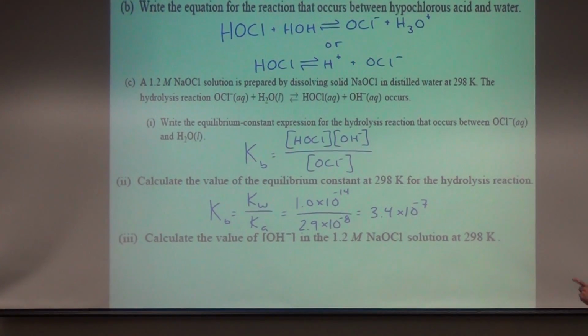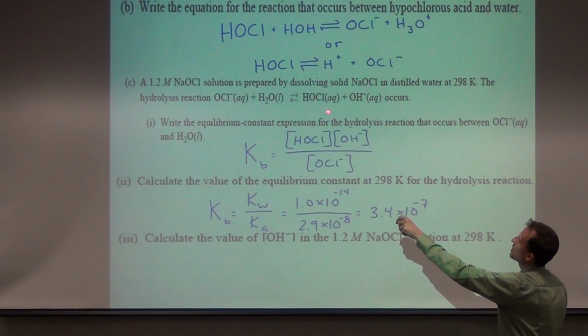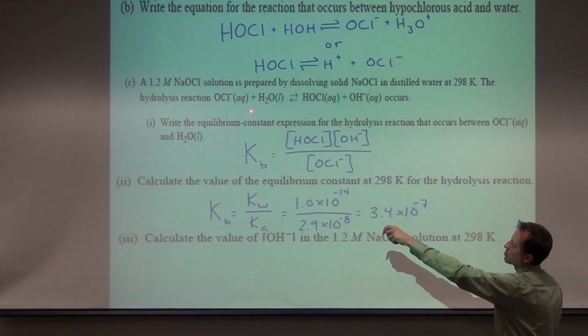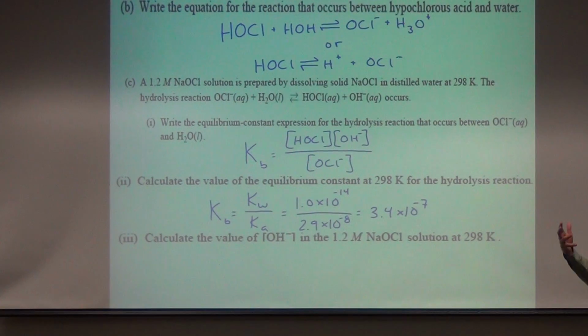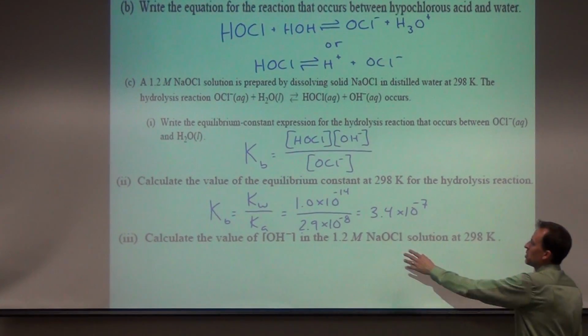What is this about? What is tricky about this problem is it's not going out of its way to declare this is going to be my base, and you're going to compare it to the acid. Please understand that whenever we're doing Kas and Kbs, if they jump back and forth, that could potentially be happening. All right, what is the OH value? I have only 1.2 molar.